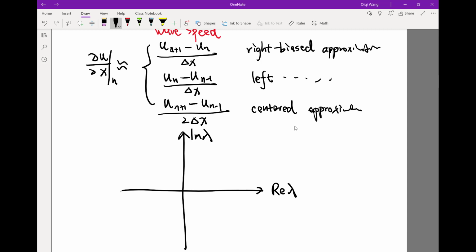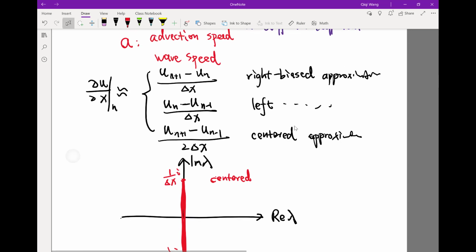And then we compute the eigenvalues of the matrix. And for a centered approximation, all the eigenvalues lie on the imaginary axis. So this is centered. Okay, and the upper and lower bound, I believe, is 1 over delta x times i, of course, and minus 1 over delta x times i.